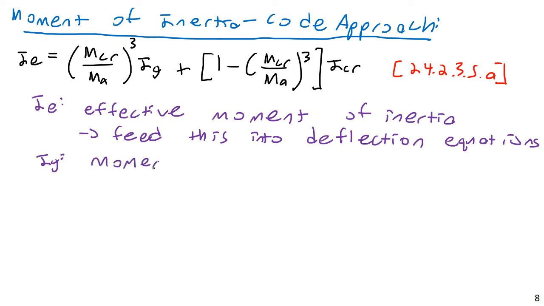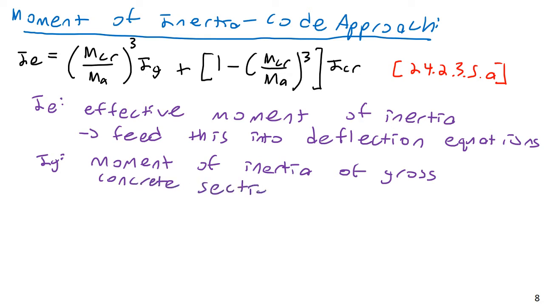If you're fortunate enough to have a rectangular beam, this is just bh cubed over 12. The I_cr is the cracked moment of inertia, and we've already discussed that.